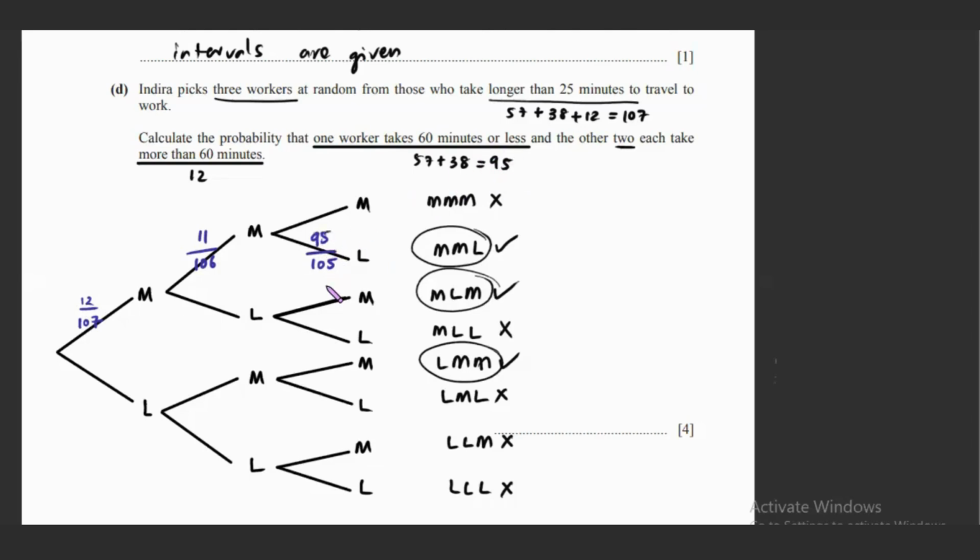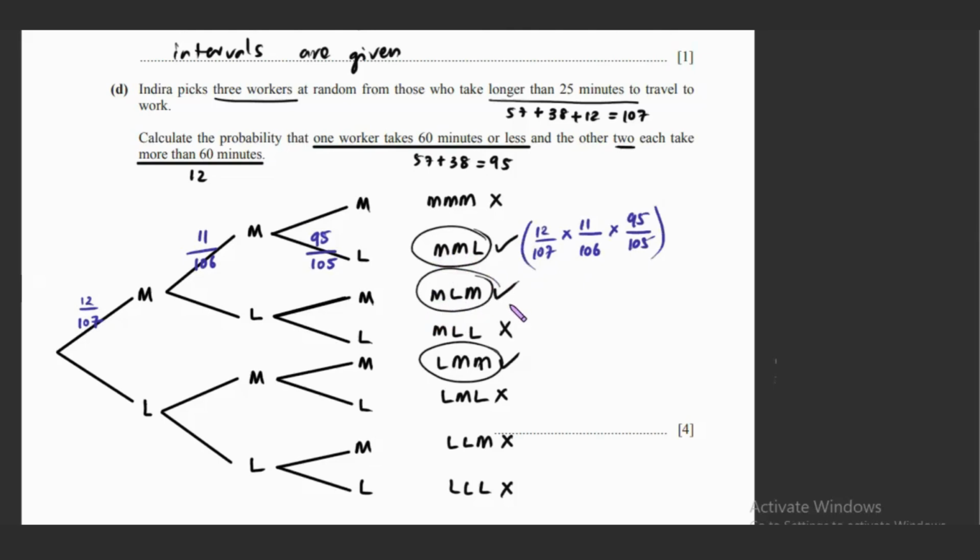So the probability will be 95 over 107. So it's going to be a combination of this that we have to do here. So here I'm going to write it as 12 over 107 times 11 over 106 times 95 over 105. So this is going to be the probability for the first one that we have here, which is MML.